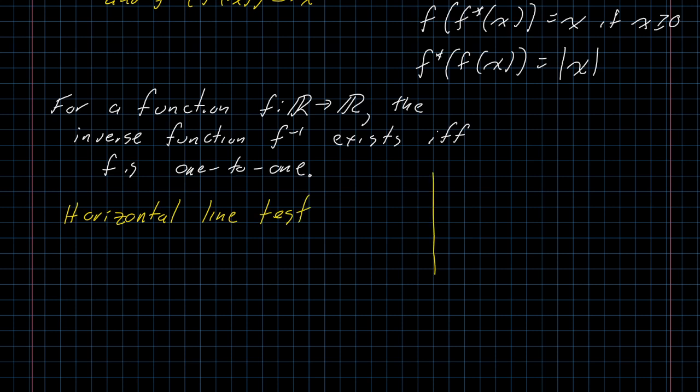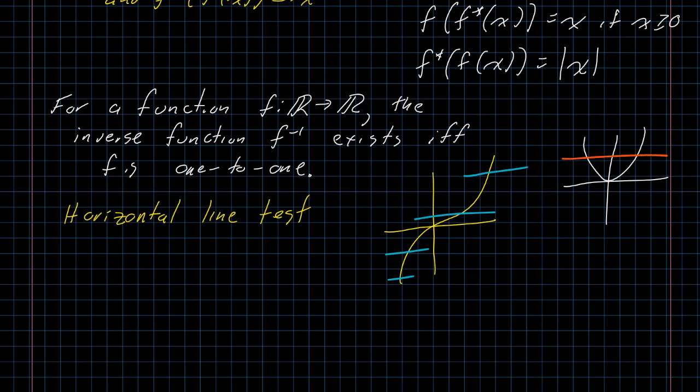If you sketch the graph of your function, it should be impossible to draw a horizontal line that passes through the curve more than once. Going back to my squaring example, that's exactly where the problem was, right? If we draw a horizontal line, it goes through the function twice. The squaring function does not have an inverse.